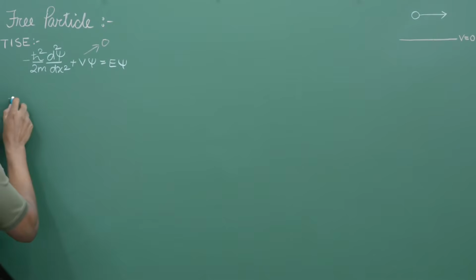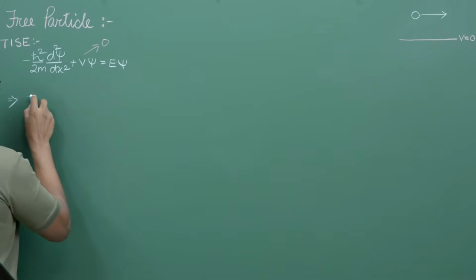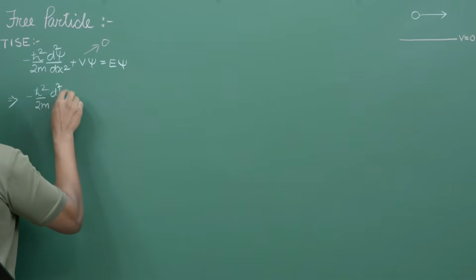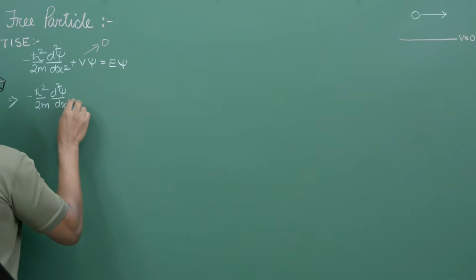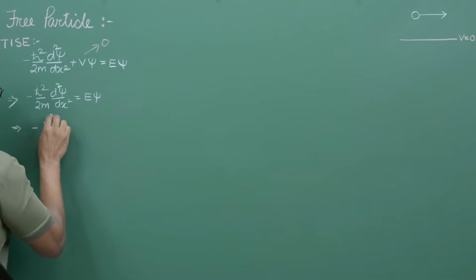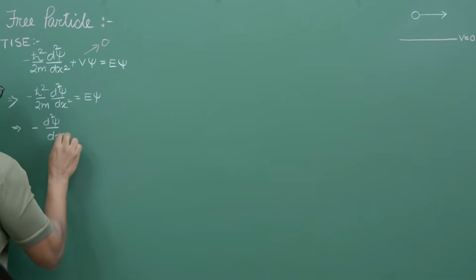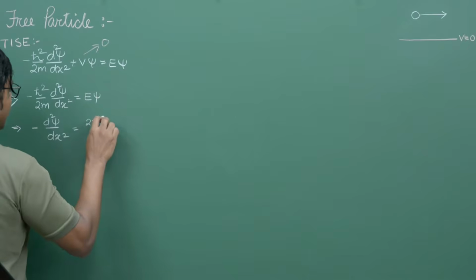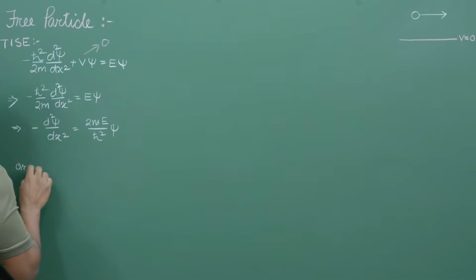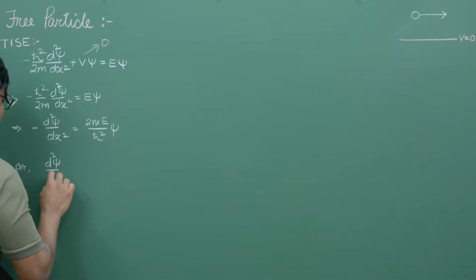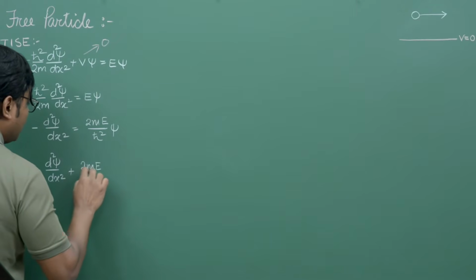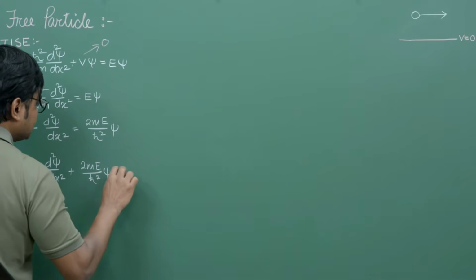Now, if I simplify this differential equation, I end up getting minus h cross square upon 2m d2 psi upon dx2 is equal to E psi, which becomes minus d2 psi upon dx2 is equal to 2mE upon h cross square psi, which finally becomes d2 psi upon dx2 plus 2mE upon h cross square psi is equal to 0.